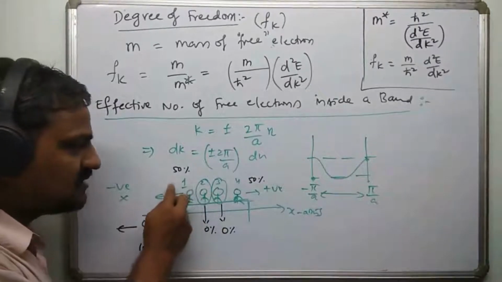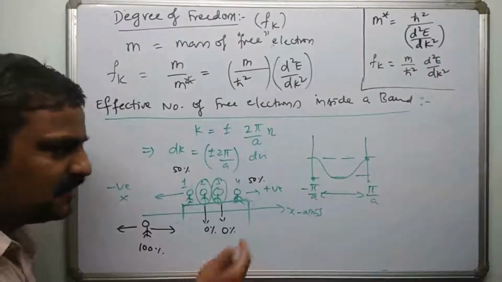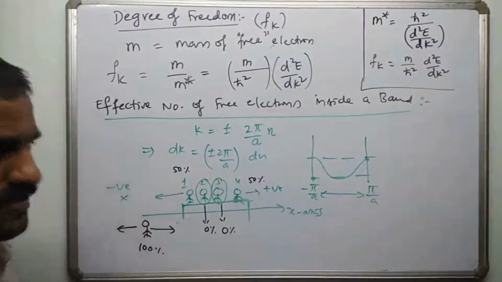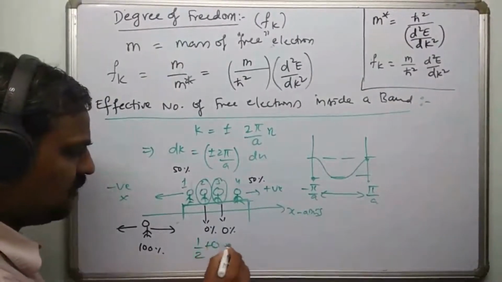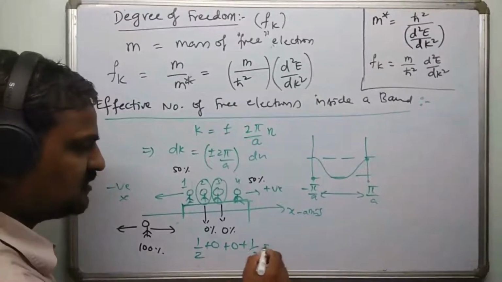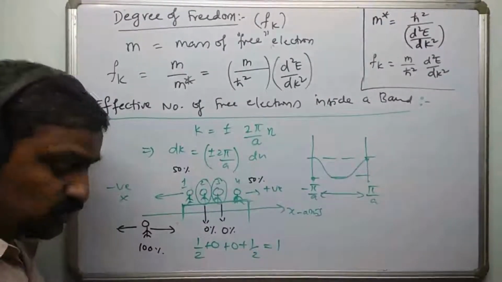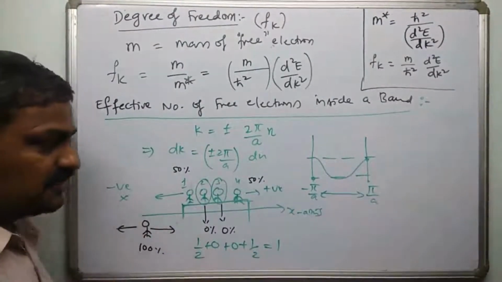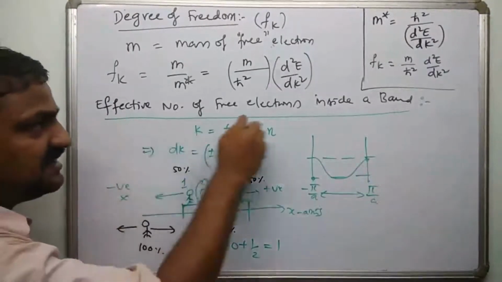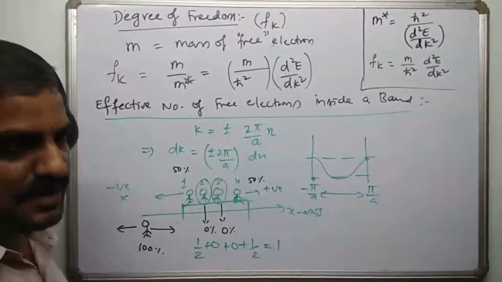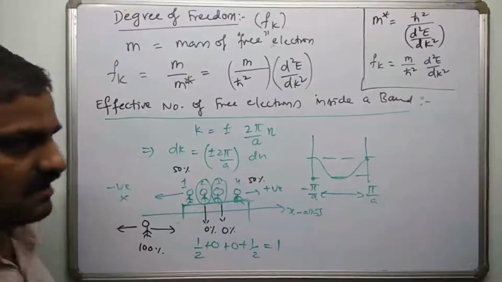So 50% is nothing but 1 by 2, and this is another 1 by 2. So the sum will be just 1 by 2 plus 0 plus 0 plus 1 by 2. So this is going to be just 1. So though there are 4 electrons, you simply say only one free electron is there. That's what we mean by effective number of free electrons inside a band. I hope you understand this with the analogy.